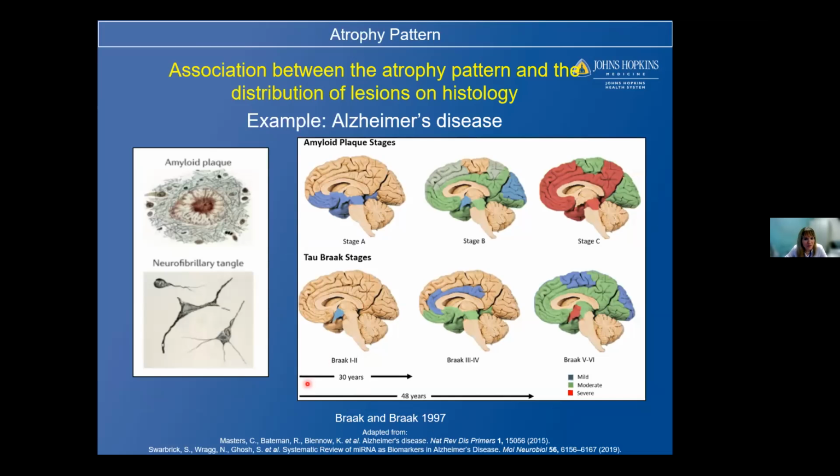Schematic of the Braak and Braak extracellular amyloid and neurofibrillary tangles, or tau, stages during the progression of Alzheimer's disease. Here, mild in blue, moderate in green, and severe in red correspond to the density of amyloid and tau deposition.